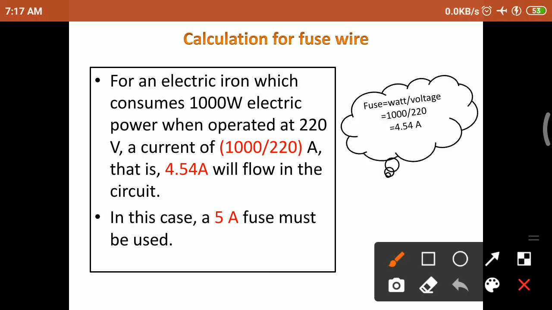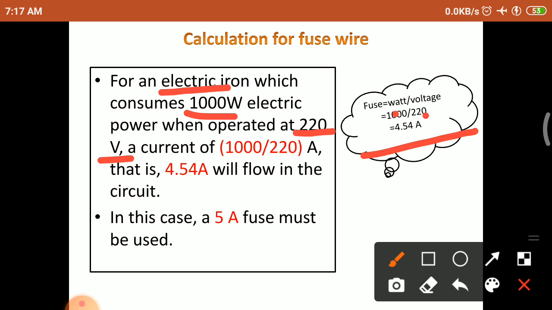For example, if you take an electric iron, it has 1000 watt and it is operated at 220 volts. So how much fuse wire do we have to use? You have to calculate watt divided by voltage. The watt is 1000 and the voltage is 220.